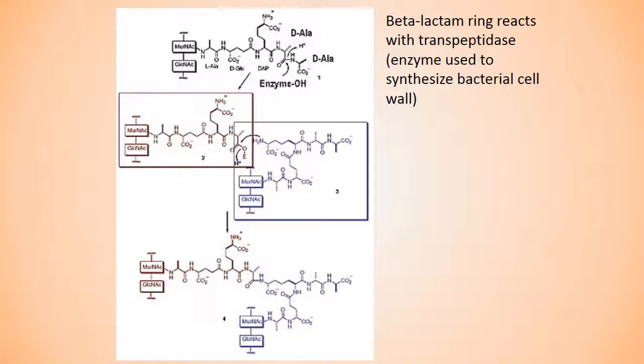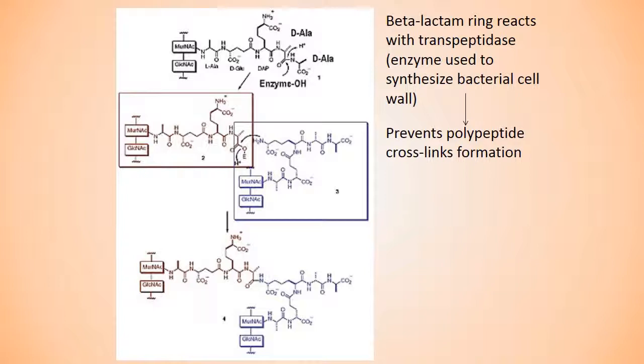Without that peptidoglycan, it becomes like a very traditional cell where we can cause a lot of cell damage due to an influx of molecules, and so on and so forth. This beta-lactam ring reacts with the enzyme transpeptidase, which is used to synthesize the bacterial cell wall. Specifically, it's what's used to make the peptidoglycan, which is pretty cool.